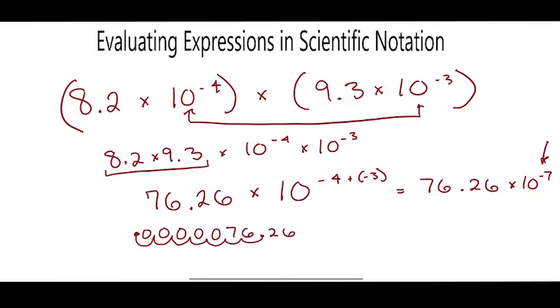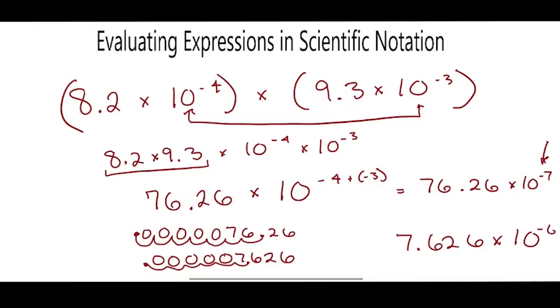So now my new answer is 0.00007626. Well, I need to find where I need to put the decimal point in order to make a number that falls between 1 and 10. So if I put my decimal right there between the 7 and the 6, so that's 1, 2, 3, 4, 5, 6. It will be 7.626 times 10 to the negative 6th power.